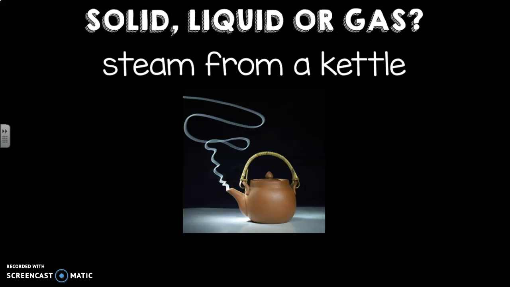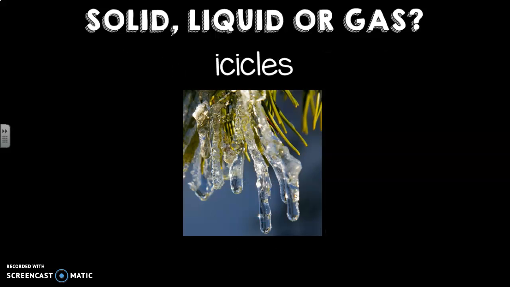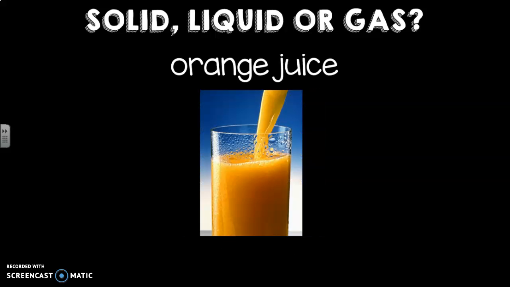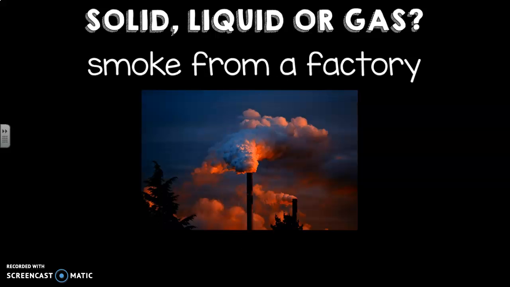All right, so your job this time is to decide if each picture is a solid, a liquid, or a gas. So the steam from a kettle is a gas. Icicles are a solid. Orange juice is a liquid. Smoke from a factory is a gas.